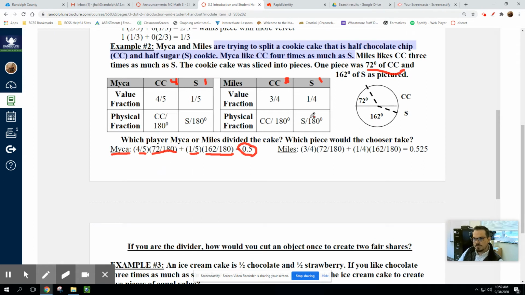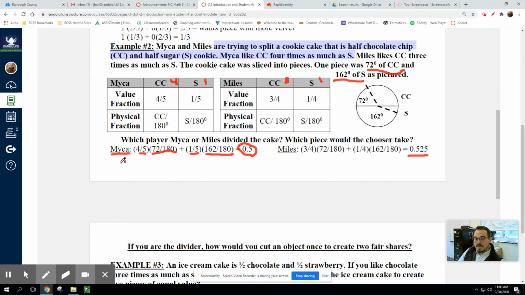Think about where those numbers come from, back here originally. So Micah values that piece as 0.5. That's good. That means he probably cut this piece of cake. Miles: 3/4 times 72 out of 180, because that's the piece, plus 1/4 times 162 out of 180, values that piece that was cut as 0.52.